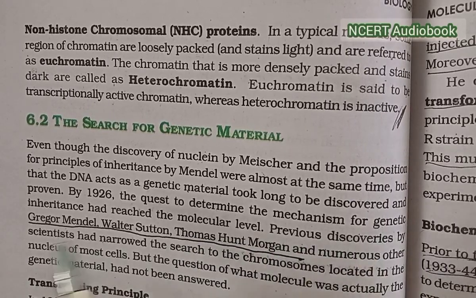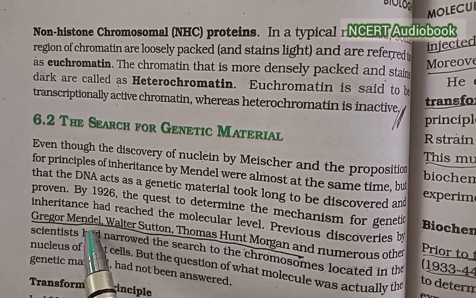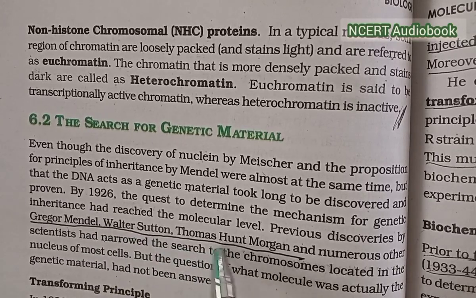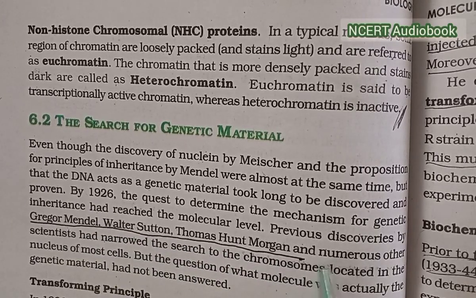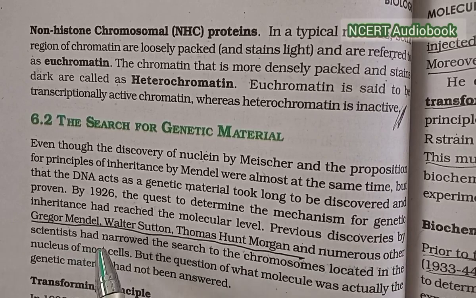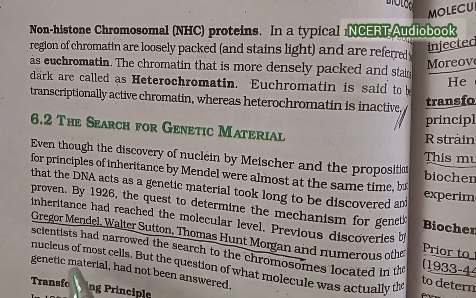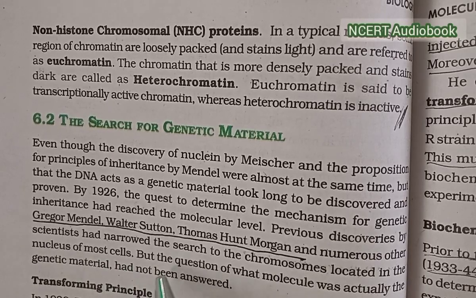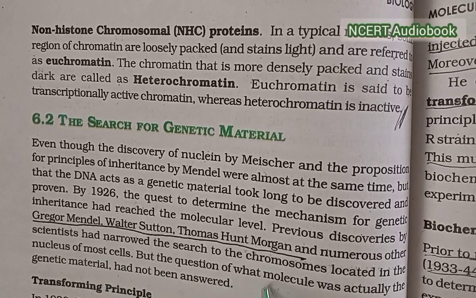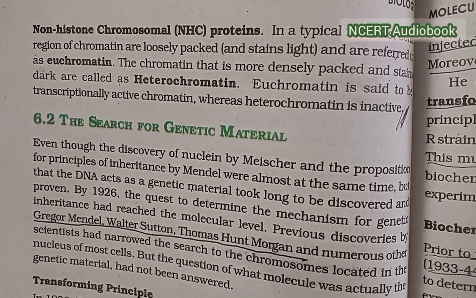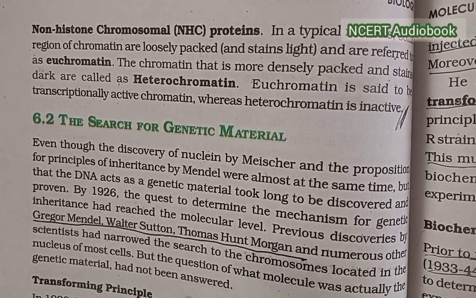Previous discoveries by Gregor Mendel, Walter Sutton and Thomas Hunt Morgan and numerous other scientists had narrowed the search to the chromosomes located in the nucleus of most cells. But the question of what molecule was actually the genetic material had not been answered.